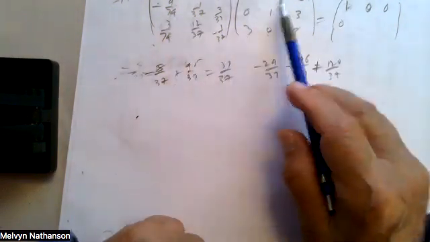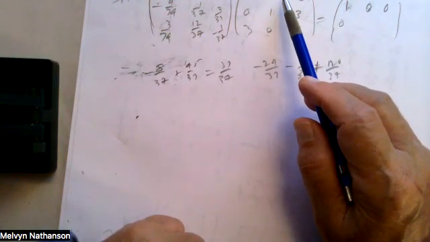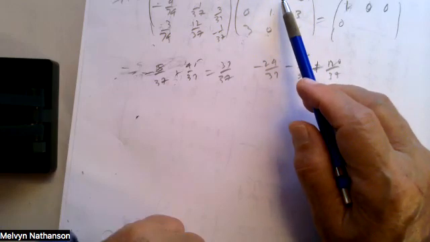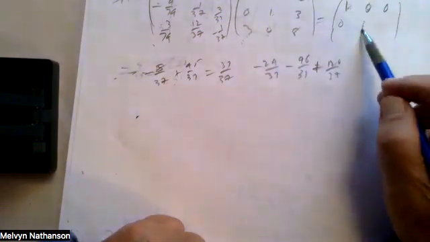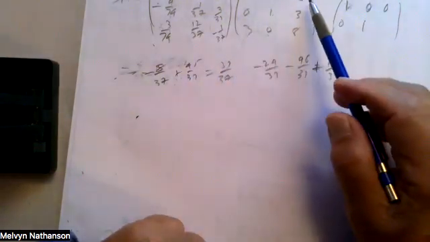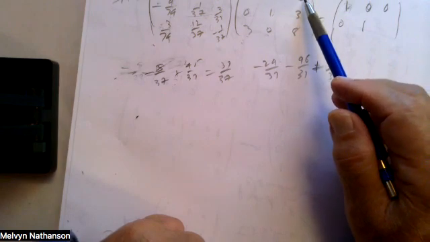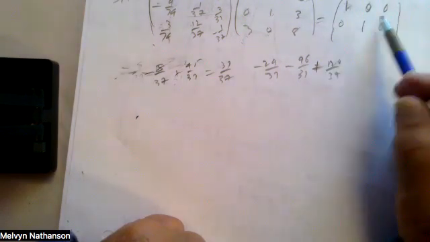Good. Second row, second column is 36 over 74 plus 1 over 37, 2 over 37, you get 1. And this row and this column, minus 54 plus 27 over 37, it's also 0.